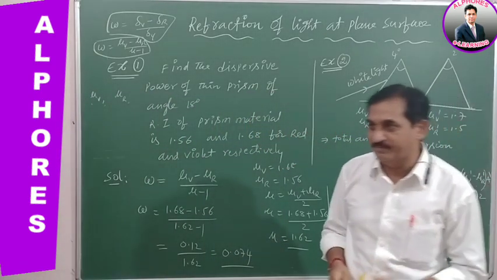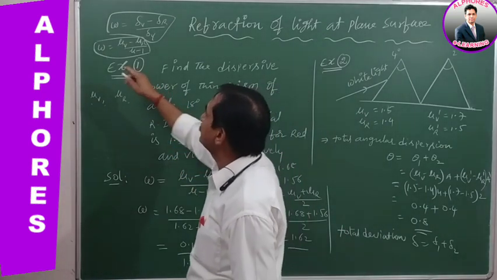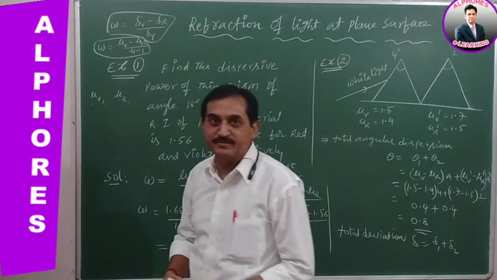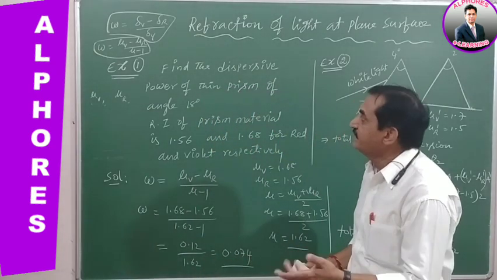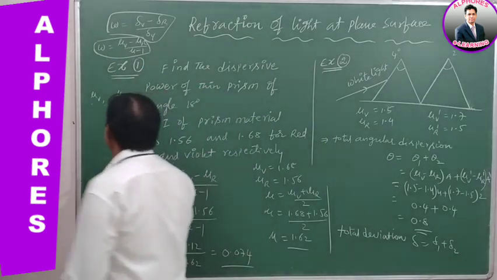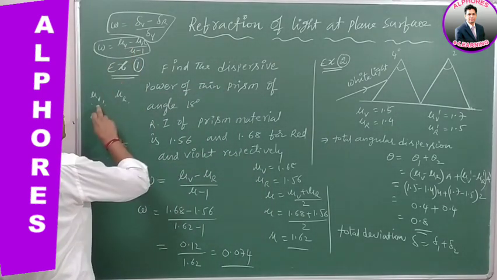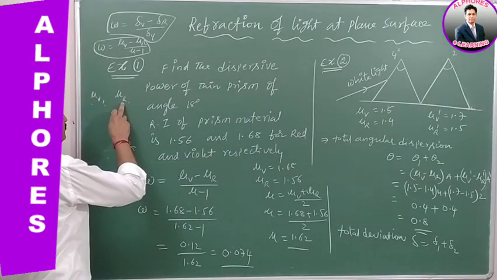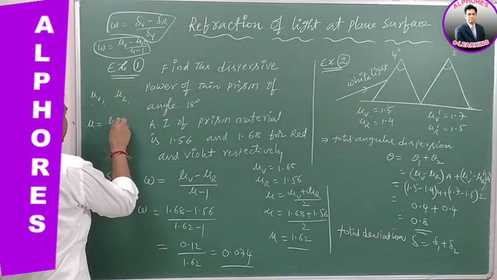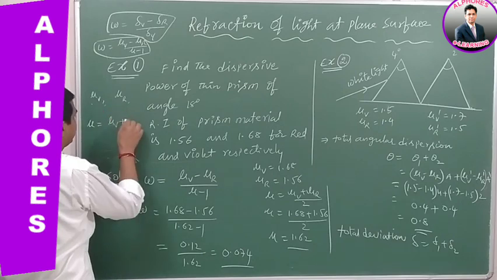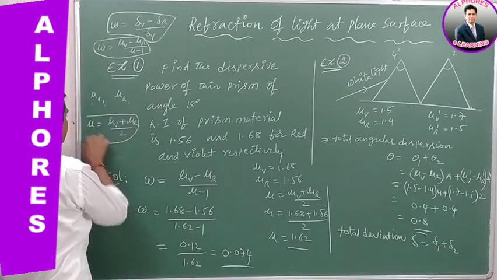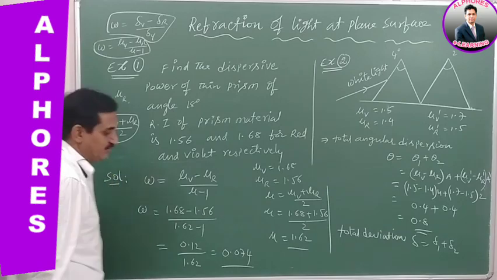While calculating the dispersive power of the material of the prism, we need the refractive index of yellow. We can easily find that if we know only mu V and mu R, because mu can be found by calculating the average value of the red and violet refractive indices.